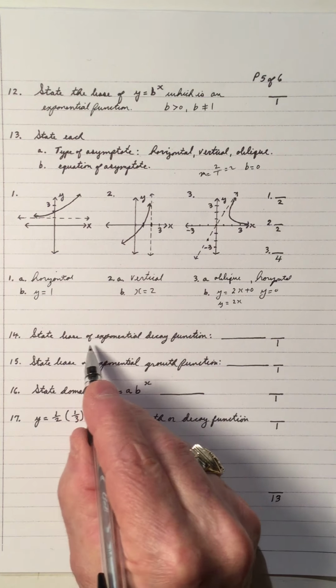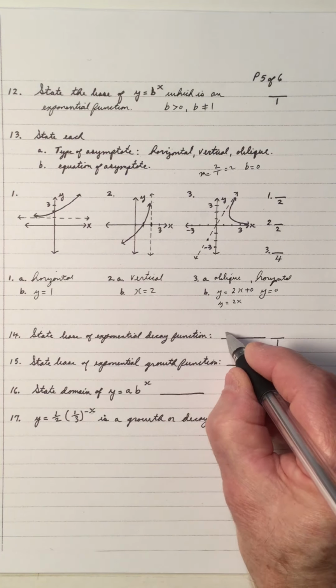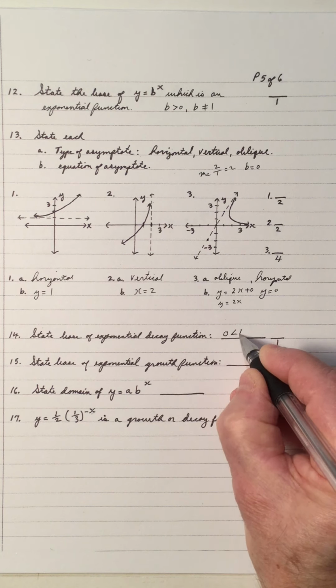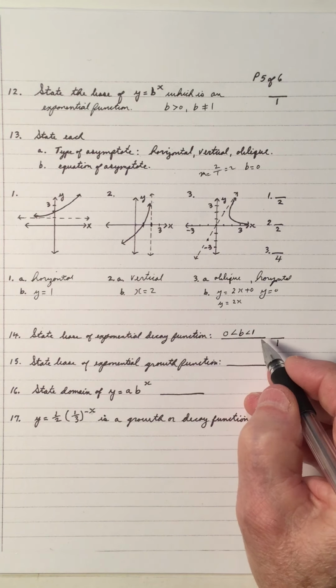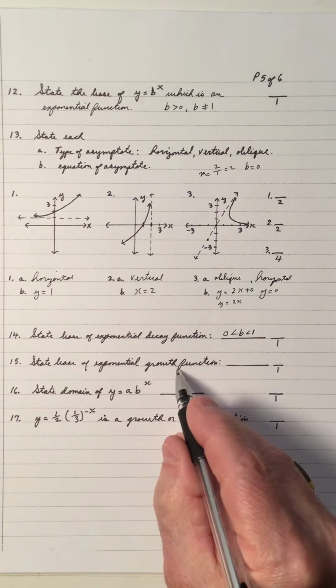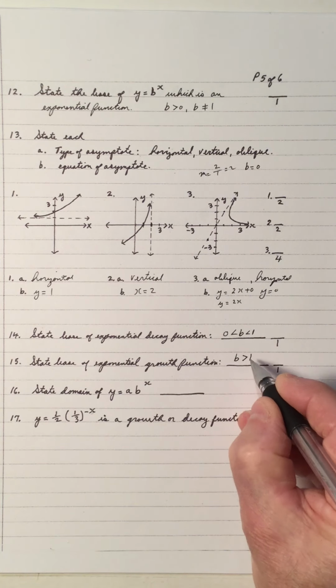State the base of the exponential decay curve. The base is 0 is less than b less than 1. A decay curve always has the base between 0 and 1. State the base of a growth curve. The base is always greater than 1.